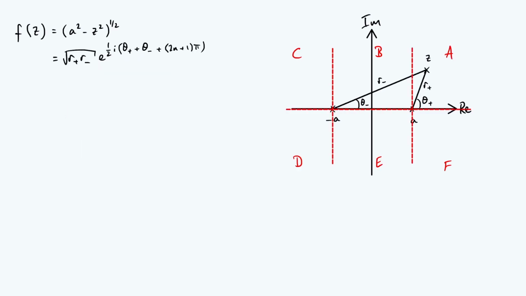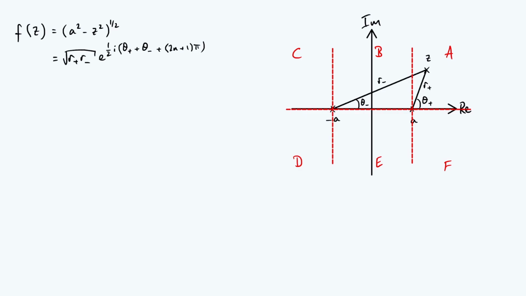Right, so the first step in this analysis is to split up the complex plane into 6 regions, as I've shown in this diagram here. We've basically drawn the 4 quadrants relative to the 2 branch points, a and minus a, and thereby created 6 regions in total, which I've labeled A to F. So we're going to try and actually calculate the value of f of z in each of these regions, not at an arbitrary point in each of the regions, but just next to the real axis in each of these regions.